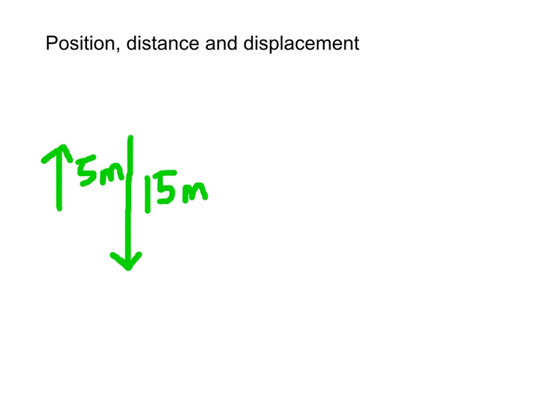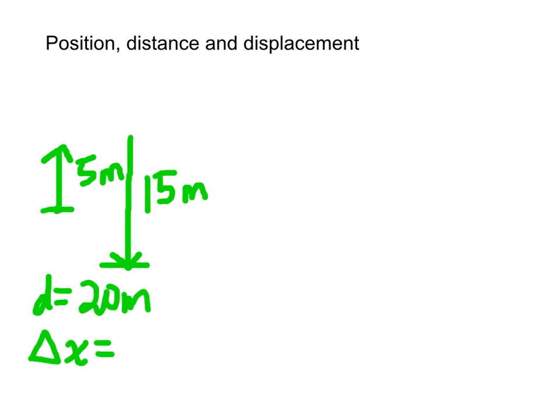Total distance, total displacement. So obviously total distance 5 plus 15 is 20 meters. Total displacement, we started right here, end up right here, and the difference between those is only 10 meters. Because I went 5 up, 15 back down, so difference from start to finish is 10 meters.